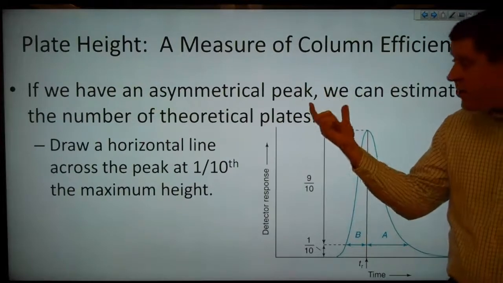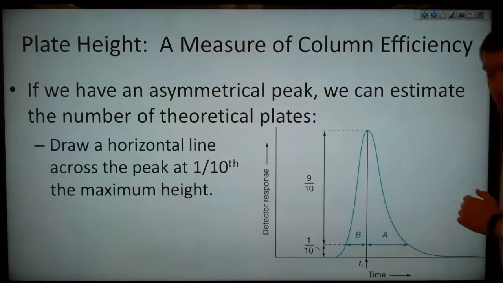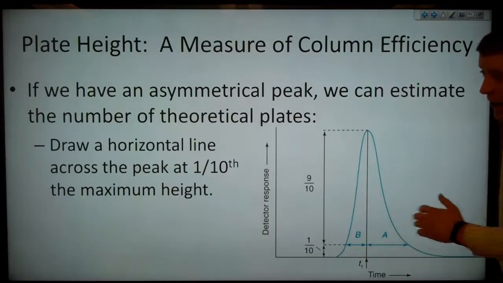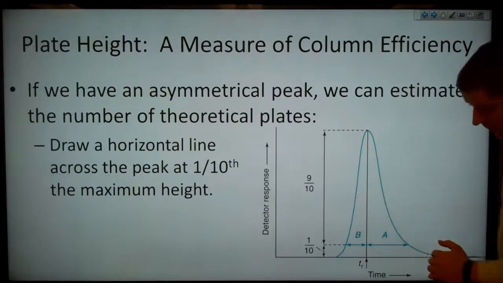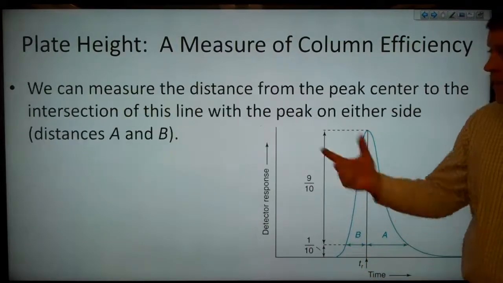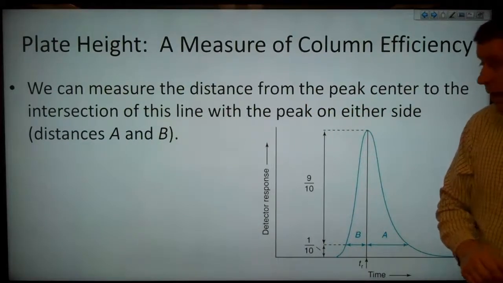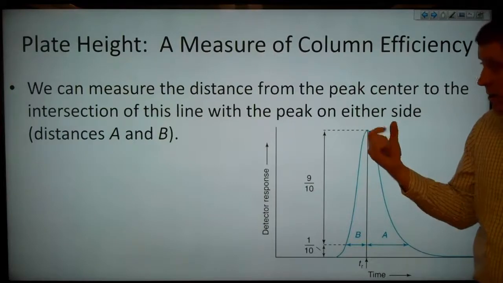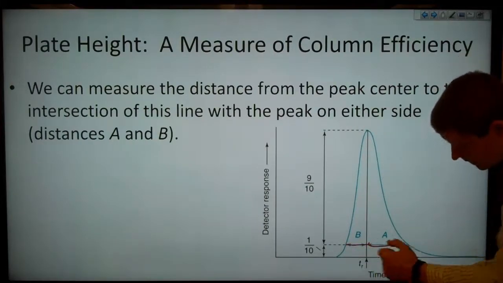Now, if we have an asymmetrical peak that's shown here, we can still estimate the number of theoretical plates by drawing a horizontal line across the peak at 1/10 of the maximum height. So we draw a horizontal line across there. And then we can measure the distance from the peak center to the intersection of this line with the peak on either side. So we're measuring distance A here and B there.